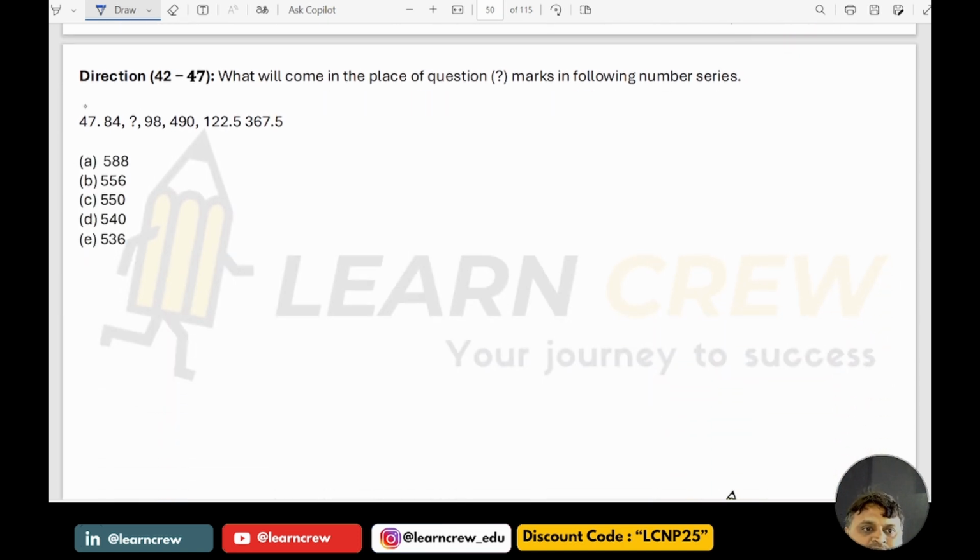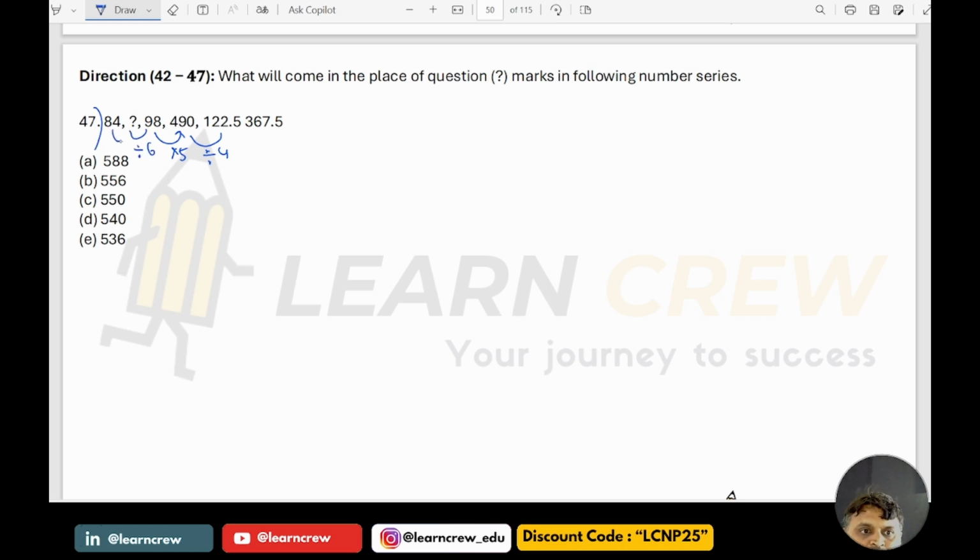Now question number 47. Now 98 has become 490. 98 into 5 is 490. 490 has become 122.5. So what you can say here, 490 divided by 4. It has to be divided by 6.